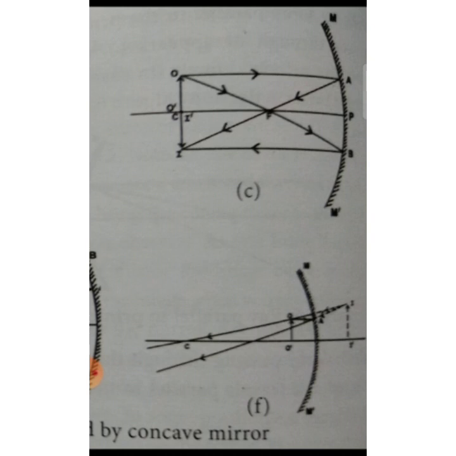What is the position of the image? The image is at the center of curvature itself, because at the center of curvature only the two reflected rays meet. What is the nature of the image? You can see it is real, inverted, and of the same size. So O dash is equal to I dash. So it is the same size as the object.